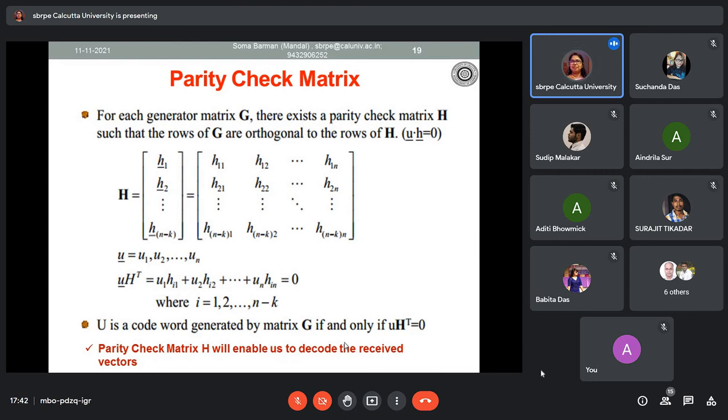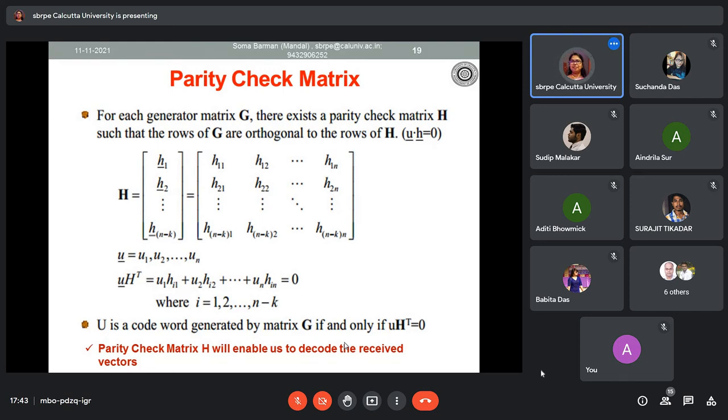So the rows of G are orthogonal to the rows of H. That means G H transpose is equal to 0.